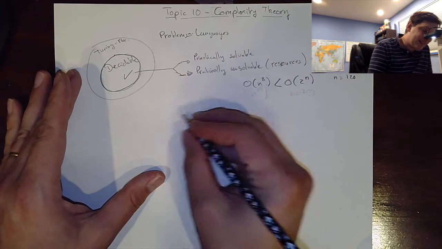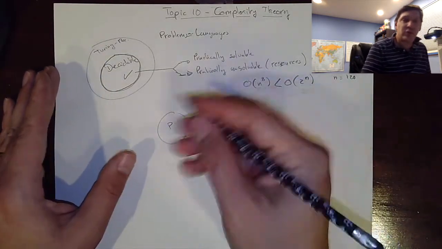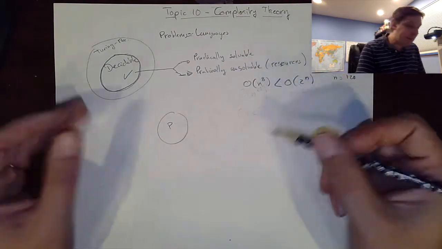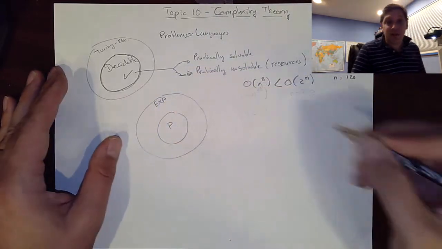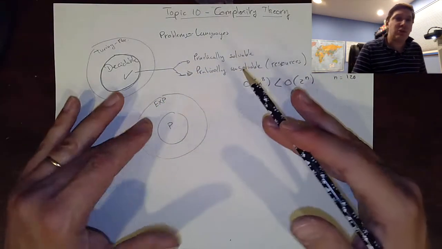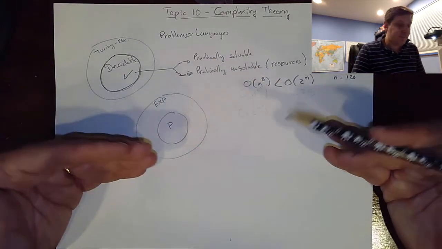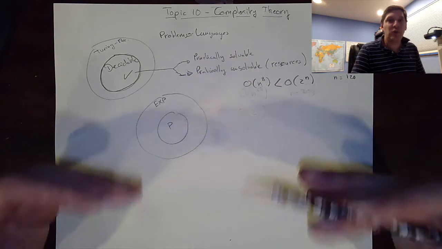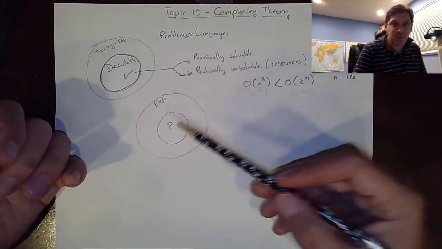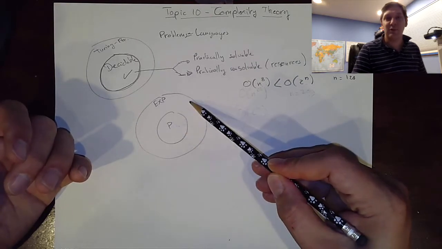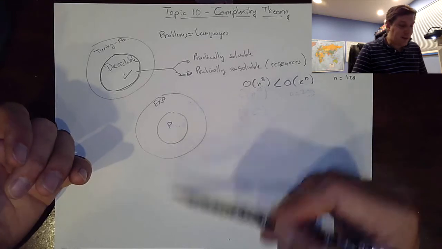I mean, what is solvable in polynomial time, which we call the class of problems P, versus what is solvable in exponential time. And there's not just exponential. That's an example, and we know that exponential time is strictly a larger class than polynomial, because of course everything that is solvable in polynomial time, you can solve in exponential time, but the other way around is not always true, right?